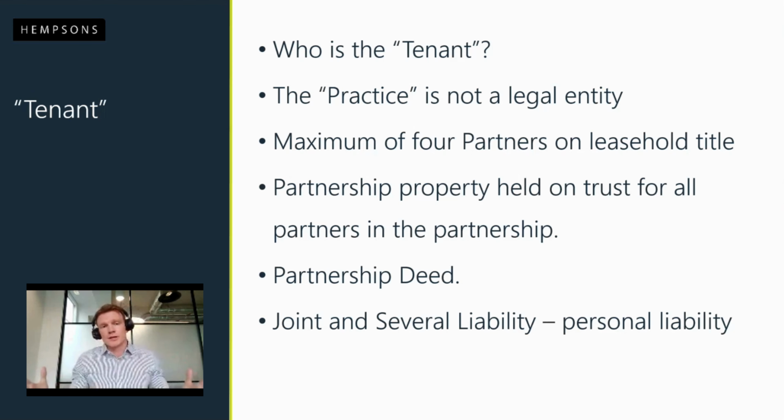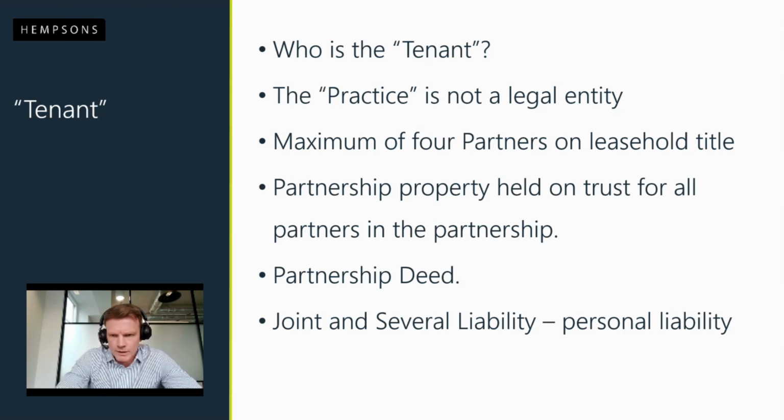As I say, let's say there's 4 named on the lease, he could pursue all 4 equally, or he could pick and choose which of the partners he wants to pursue. So that's why it's imperative to have that partnership deed kept up to date, to make sure that the lease liabilities are properly shared as intended between the partners as a whole, because it's the named partners who are sort of in the firing line, as it were, so far as the landlord is concerned.